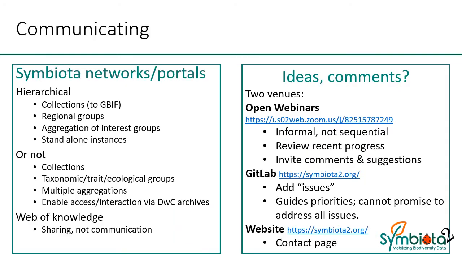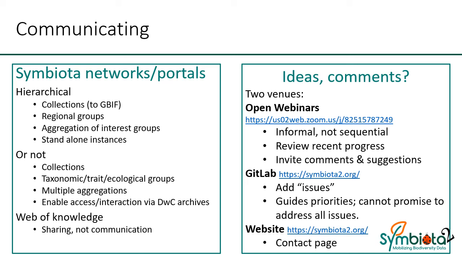Looking ahead, there are some things we would like to do in terms of improving communications within and between networks, and also for facilitating the integration of collections that are part of a trait-based collaboration, so they can also be part of other different collaborations.